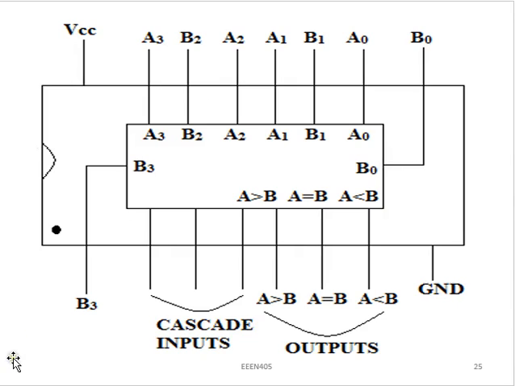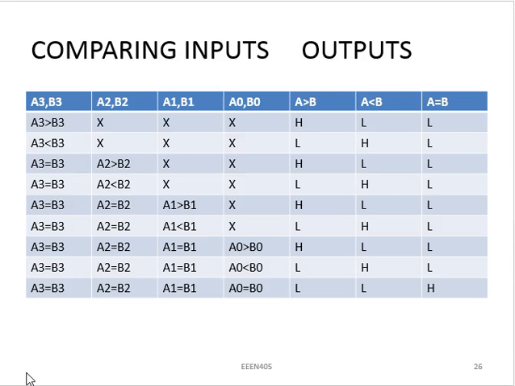For us to see how this IC operates, we have our table of comparison, and as we said, we take each significance level and compare them. The first level here is A3 compared to B3, then A2 compared to B2, the next one A1, B1, and the last one A0, B0. How do we go about doing this?